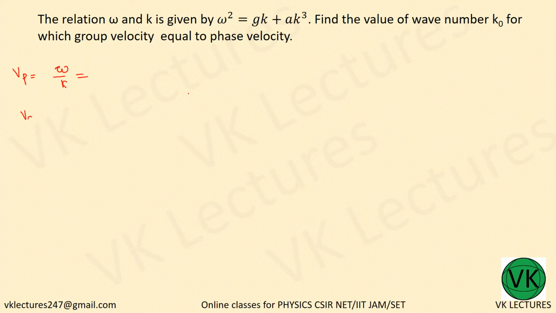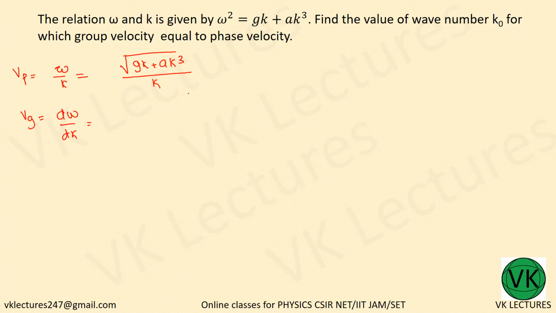Vg is equal to d omega by dk. Now what is Vp? So it is root of gk plus ak cube divided by k. Now we need to further simplify. Let us do the simplification only if it is necessary.